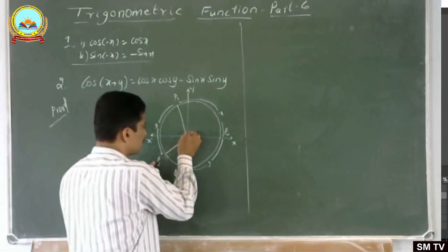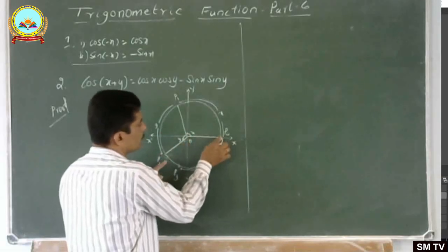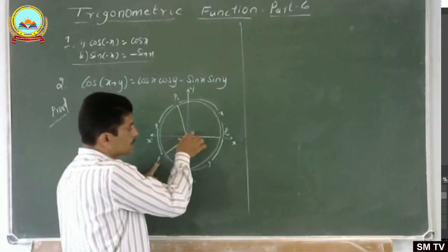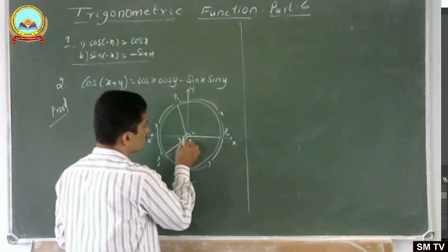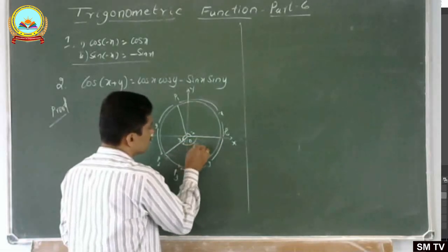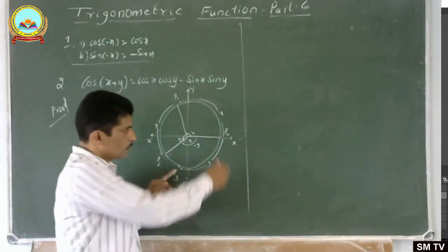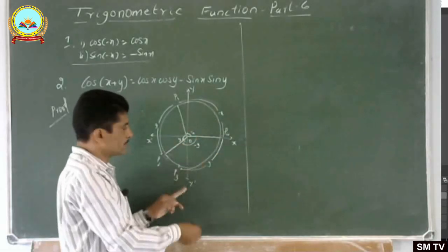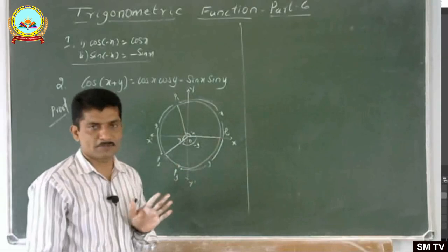Therefore, the total angle P4OP2 is equal to x plus y unit, and in the clockwise direction this angle is equal to minus y radian. You take P3P4 equal to y unit in the clockwise direction. Therefore, this angle P3OP4 is equal to minus y.